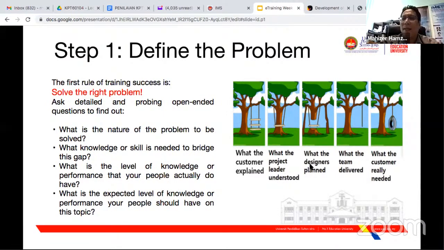Type of knowledge yang kita nak bagi, sama ada we introduce them with the complicated knowledge or maybe we start with the easiest one. Maybe at a low level, more easy for them to understand instead of giving them something complicated for them to understand. And then what is the expected level of knowledge or performance your people should have on this topic? What are the expected levels you want them to know?